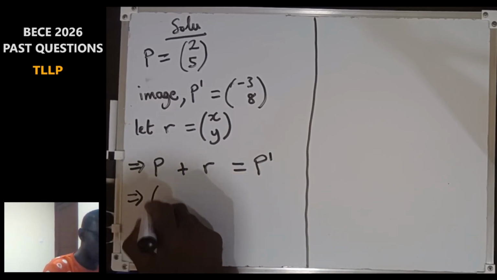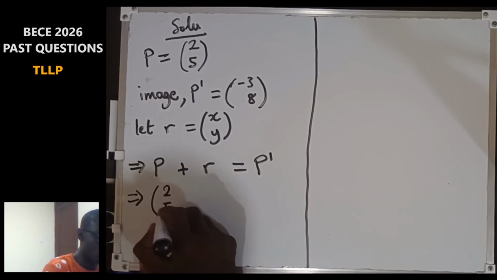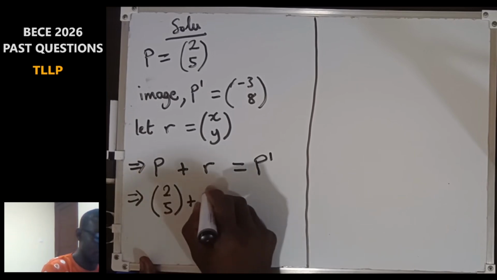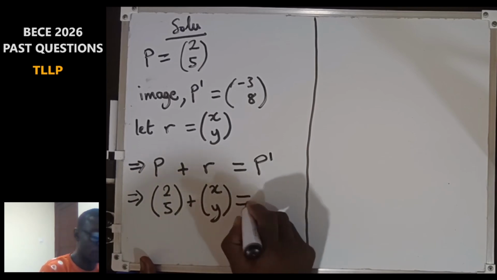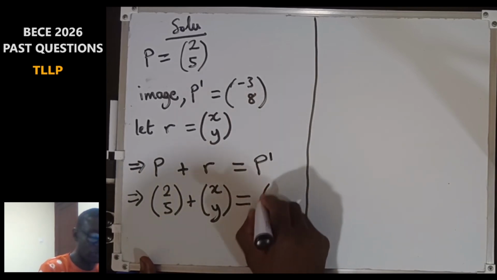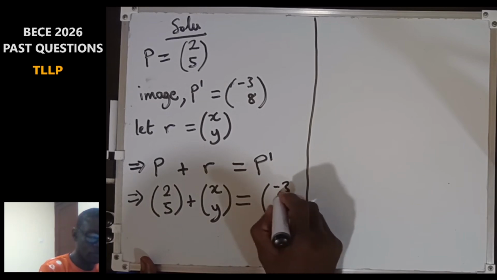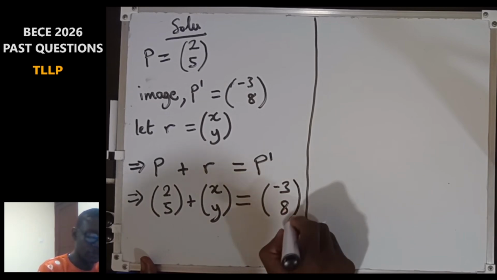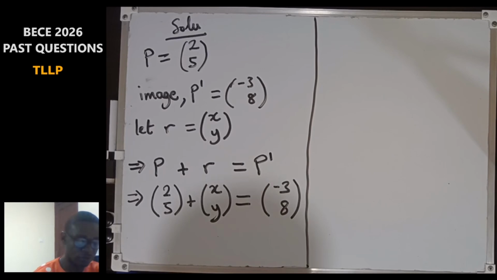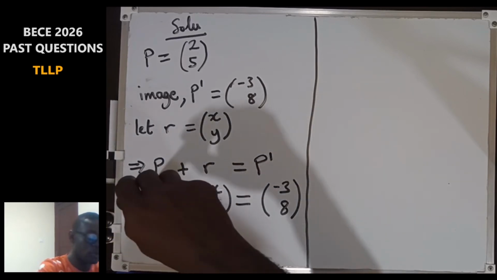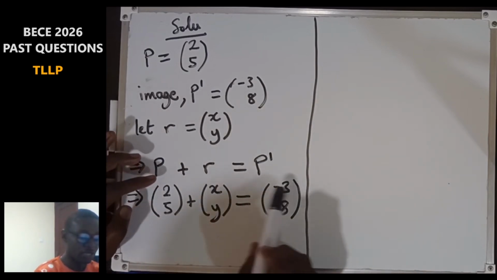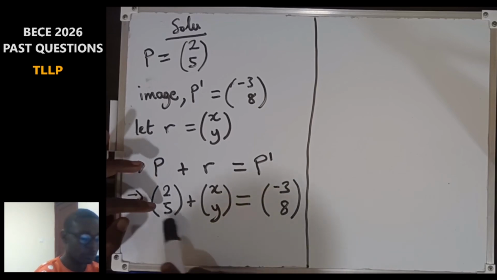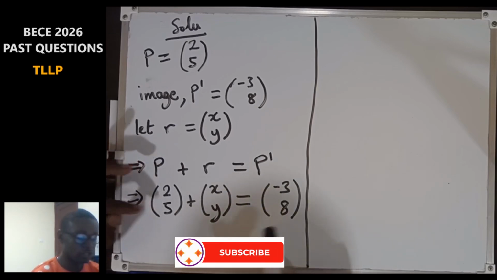So what it means is that if I have 2 on 5 plus x on y, it is going to give me the image, which is -3 on 8. Remember that the top points are called the x coordinates, and the bottom points are called the y coordinates.